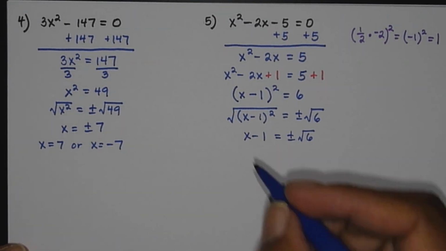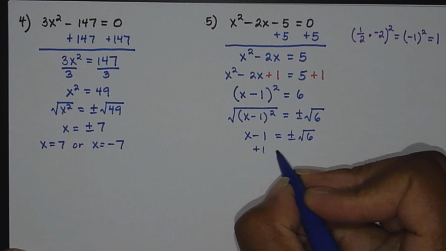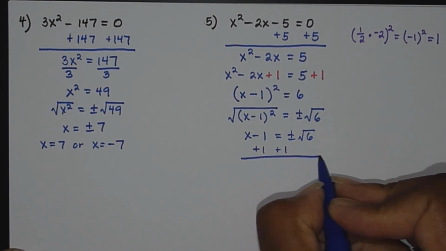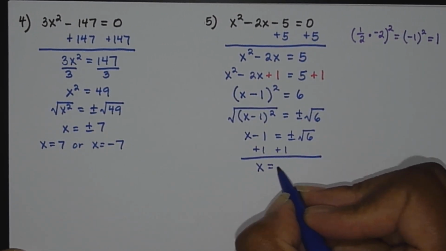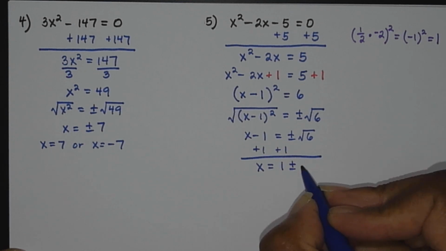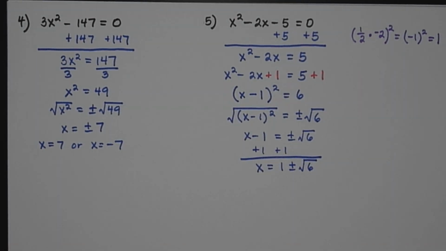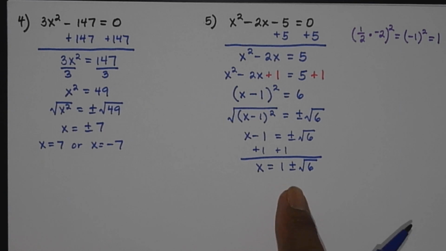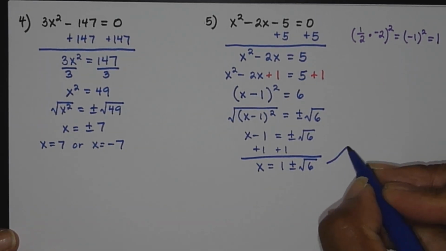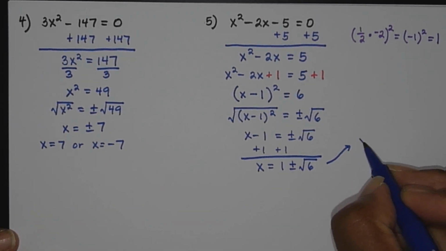And now to solve for x, I'm subtracting 1. I need to add 1. So it'd be x is equal to 1 plus or minus the square root of 6. And you can leave your final answer like this, or you could write it as two separate answers.